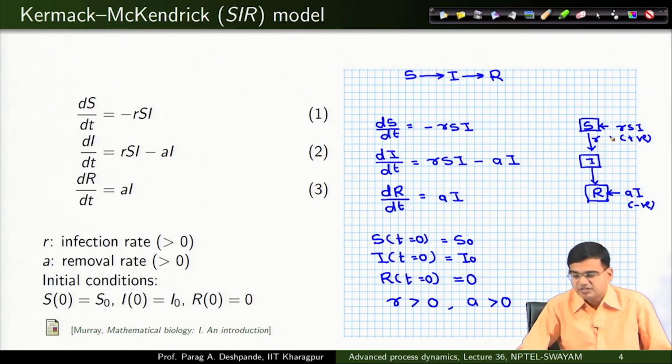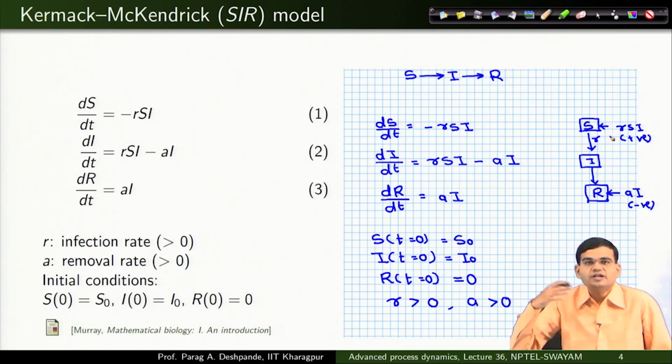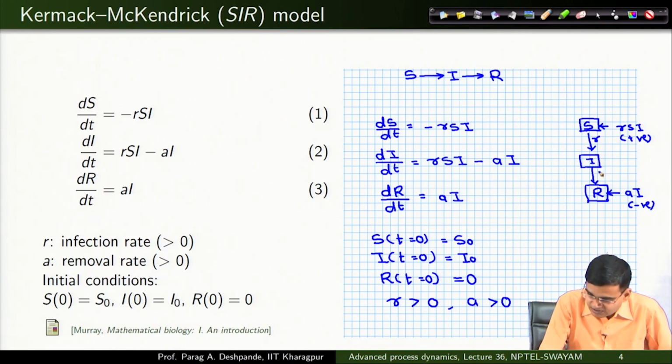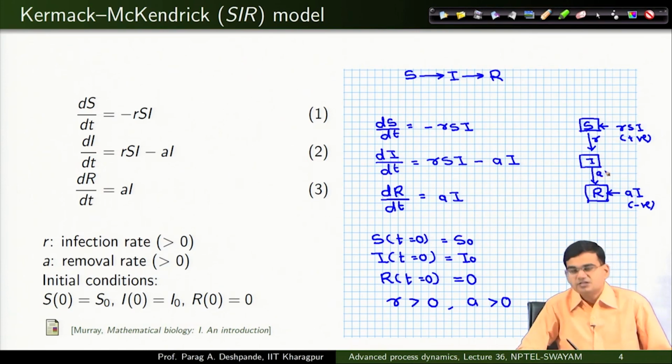This would correspond to the rate at which S goes to I, and a is the removal rate, the rate at which infectives are going to be removed. So, this would correspond to the location here.